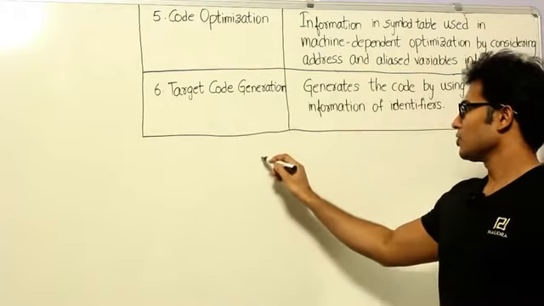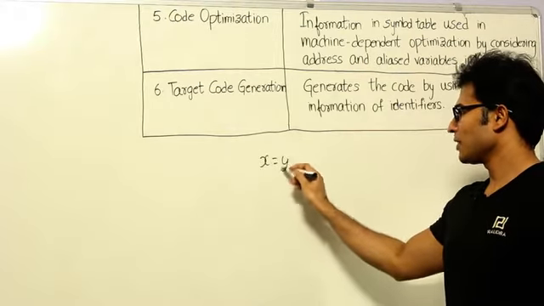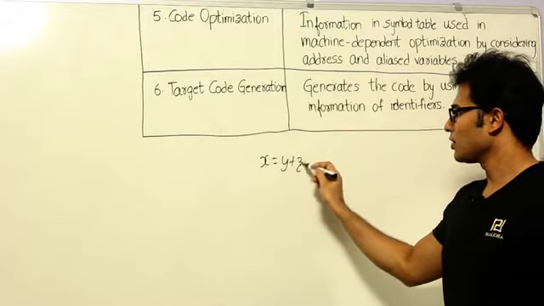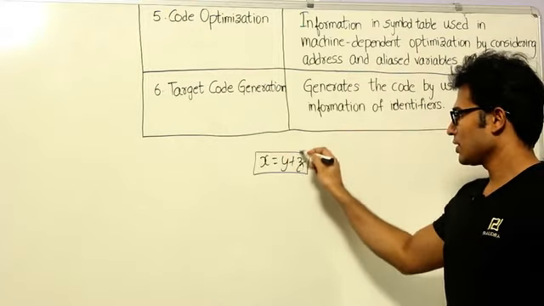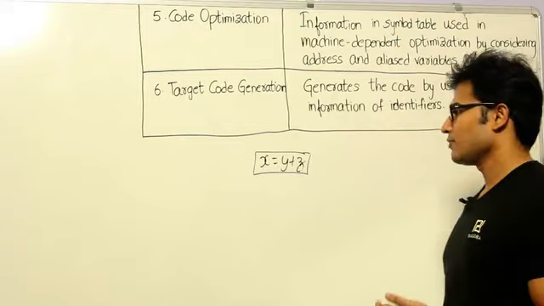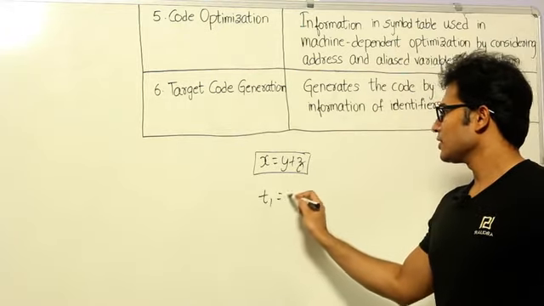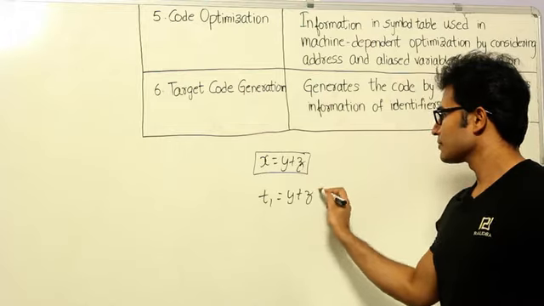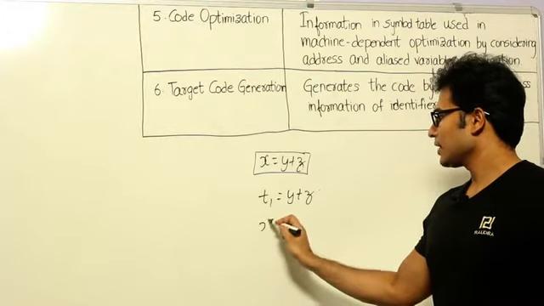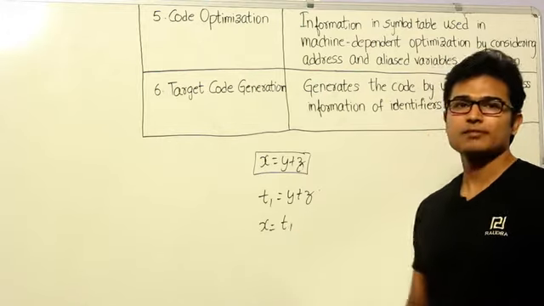So assume that you have x equal to y plus z as the line of code, and now let's say we have introduced a temporary variable in such a way that you have written t1 equal to y plus z, right, and then x equal to t1, right.